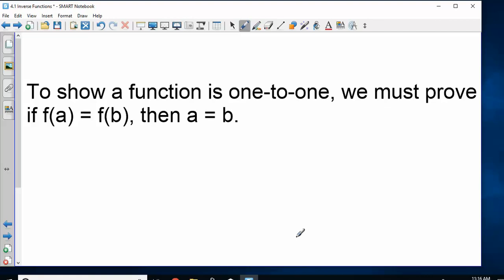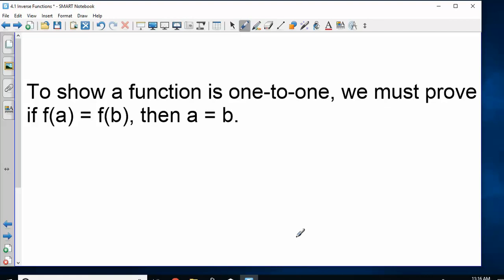That means if the y's were equal, the only way that happened was if the x's were equal. That tells me they're one-to-one. If I solve this and I get something other than a equals b, like a equals plus or minus b, that could mean that the y's were equal if the x's were the same or if they were different. And so then in that case, it would not be one-to-one.